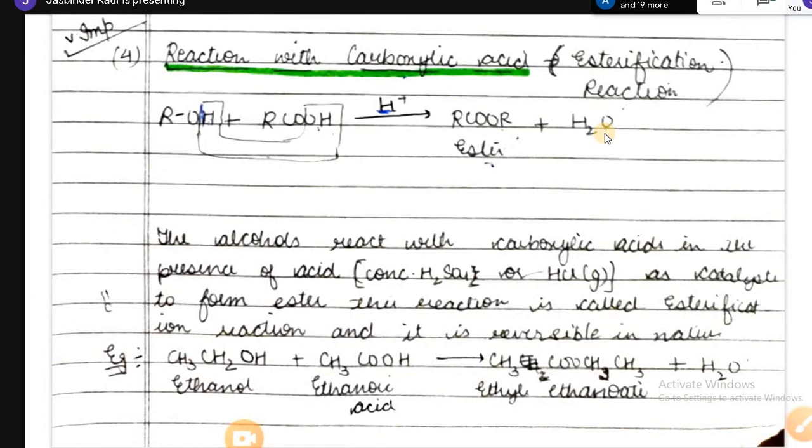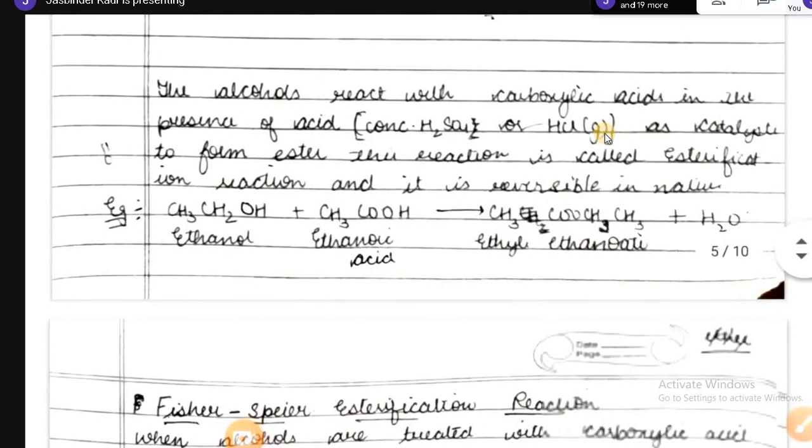The final product is ethyl ethanoate. The alkyl group attached is CH2CH3, so it is ethyl. Ethyl will be taken as a prefix, and two carbons are present in the word root, so it is ethyl ethanoate, as the ester group is present. So this reaction is called esterification reaction.